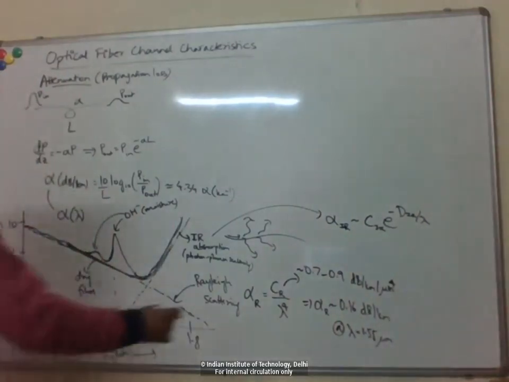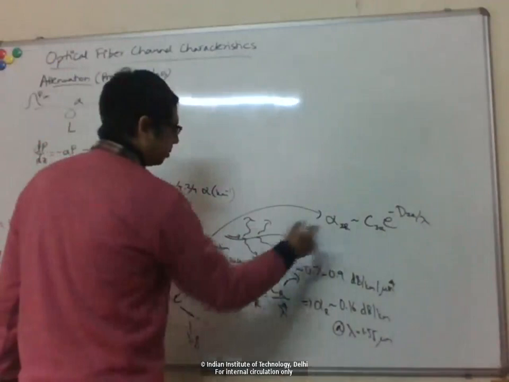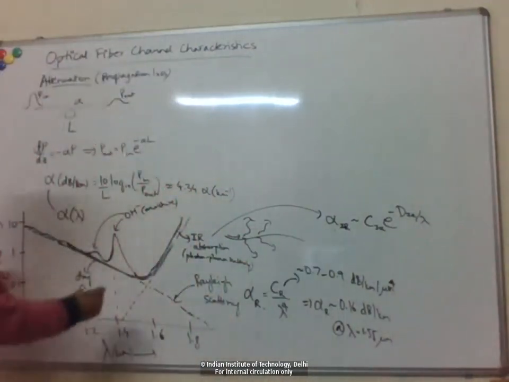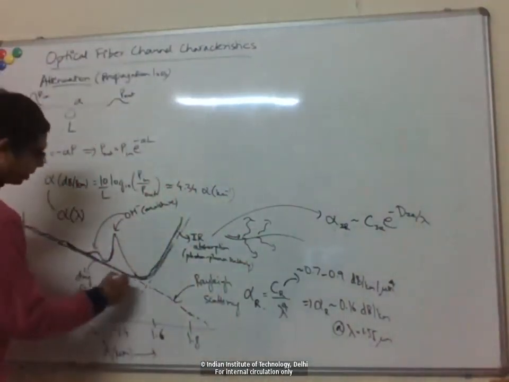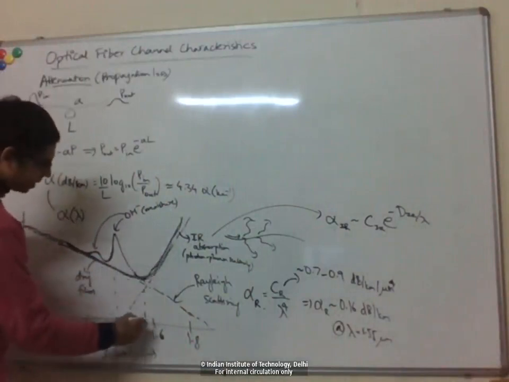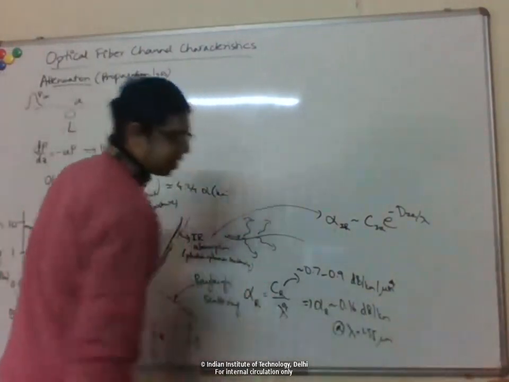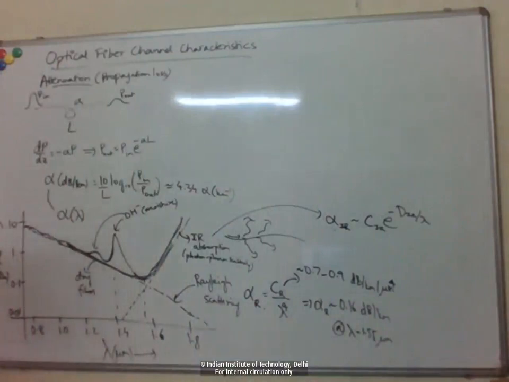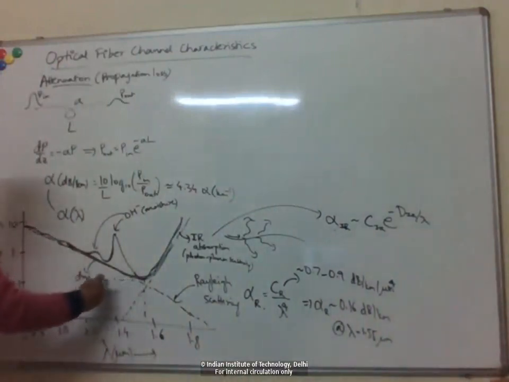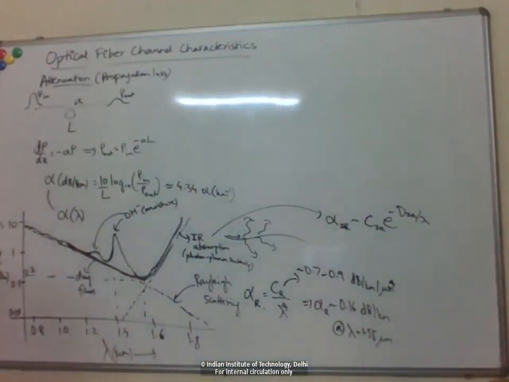If you take both of these loss mechanisms together, one is increasing, one is decreasing, so you get a minima, right? And this minima occurs at around 1.55 micron, and the minimum value is about 0.2 dB per kilometer.